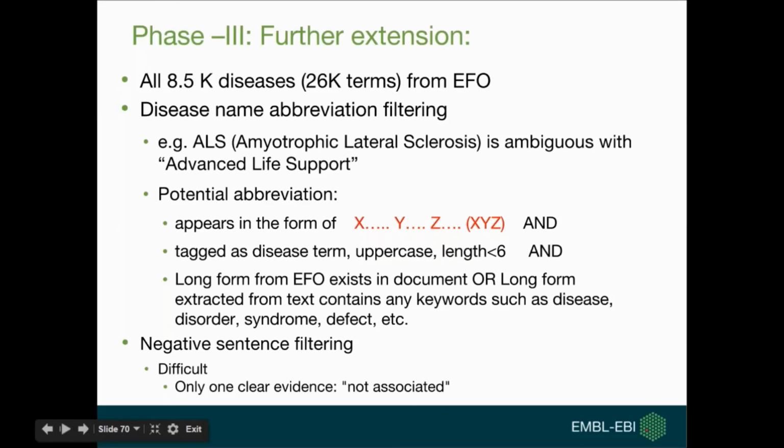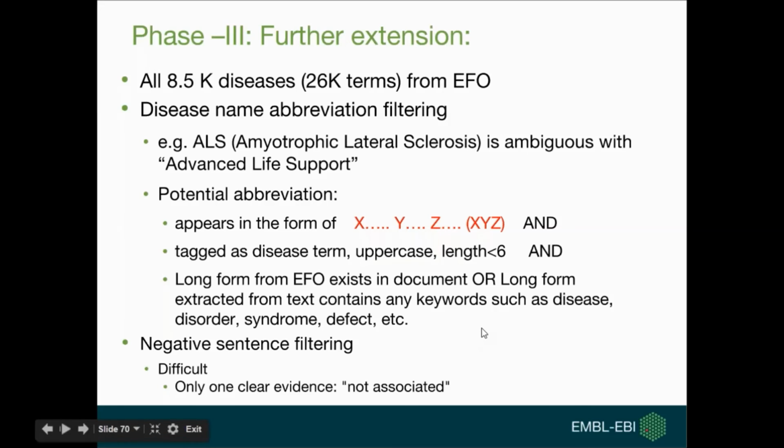And we check whether the long form of the abbreviation from EFO exists in the document, or if the long form contains any of the keywords that were selected by our experts. For example, these keywords are disease, disorder, syndrome, defect.